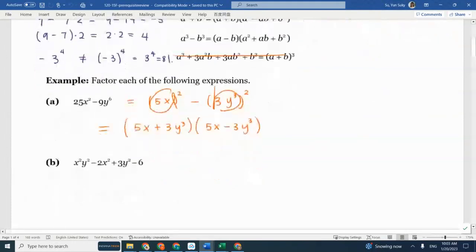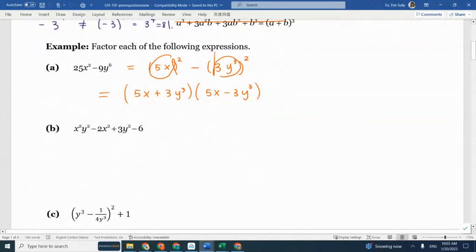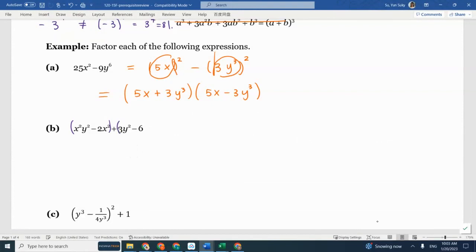So we continue. Okay. So part B. When you have 4 terms, group 2 of them together, and then the other 2 together to see whether you can factor. So let's group the first 2 together and group the last 2 together.